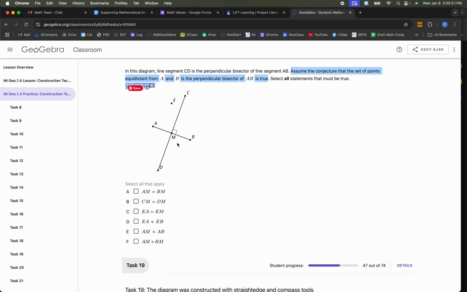But look, they're just saying that if you're on this line segment somewhere, whether you're at C, or you're at M, or you're at D, or you're somewhere in between, you are going to be the same distance away from A as you are from B. So if you're on this line segment, you must be the same distance away from A as you are from B. That's what that sentence that I highlighted means.